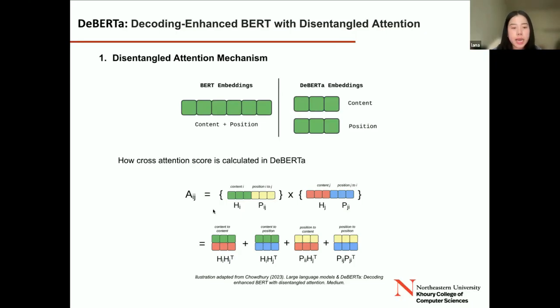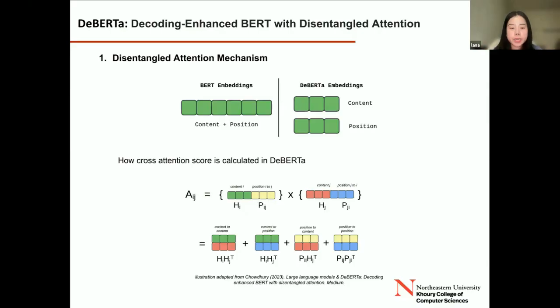To calculate the cross-attention score for a token at position i in a sequence, we represent it using two vectors, H_i and P_i,j. H_i is the content and P_i,j is the relative position of token i compared to token j.